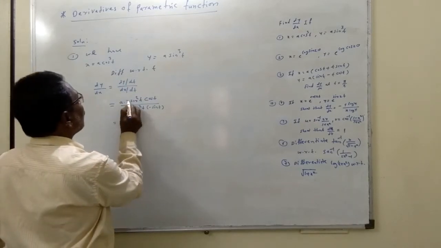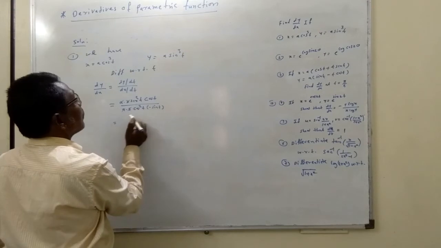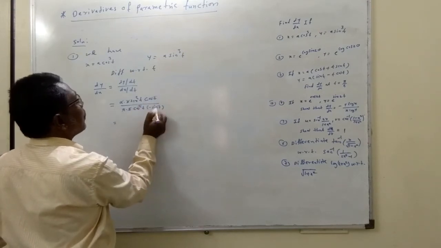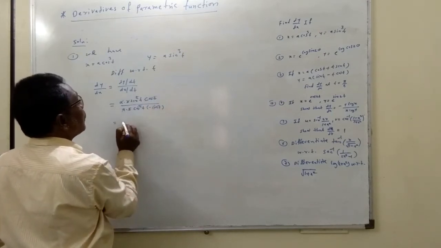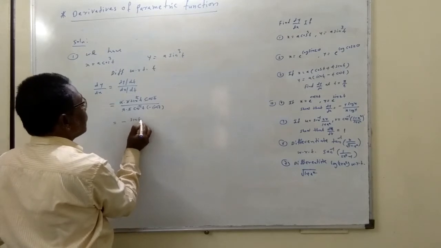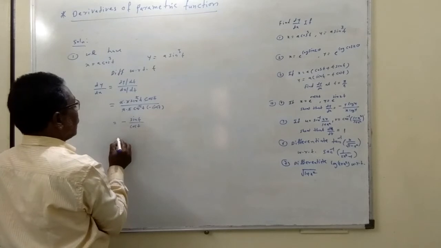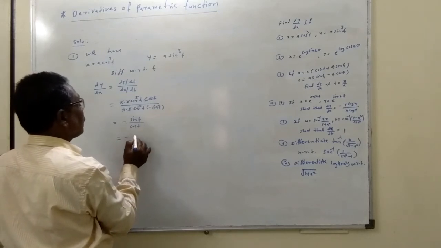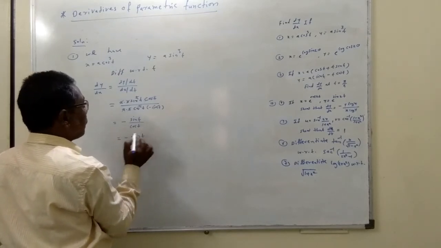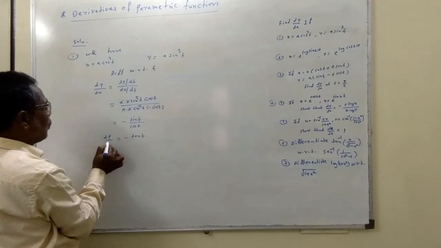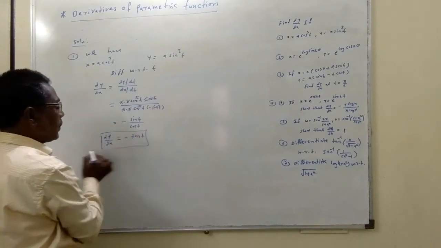Now the a and 3 get cancelled, cos square gets cancelled, sin square gets cancelled. So minus sin t divided by cos t, that is equal to minus tan t. So dy by dx is equal to minus tan t.